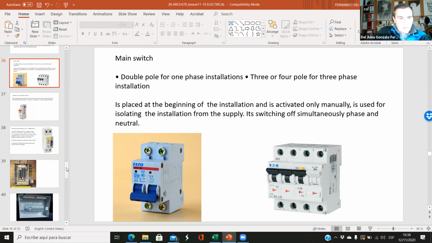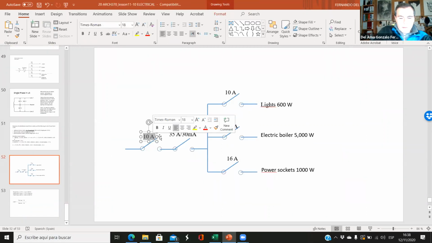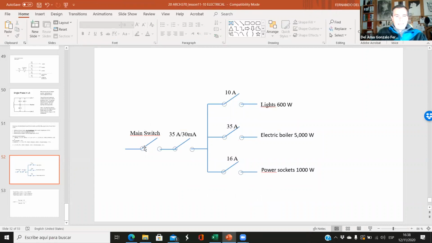I forgot it. This is the main switch. Okay, in this case, this is a single phase. We don't have any three-phase circuit, so everything is a single phase.